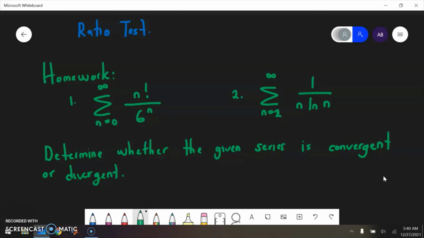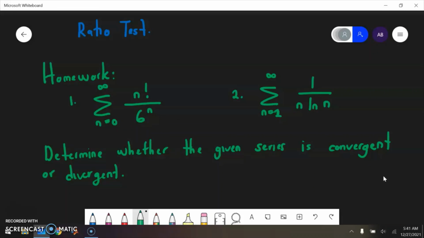I really want you to use the ratio test to determine whether the series converges or diverges. When you use the ratio test, you can also say the series can be absolutely convergent. If the series is absolutely convergent, the series is convergent throughout. Okay, that's all for examples using the ratio test.